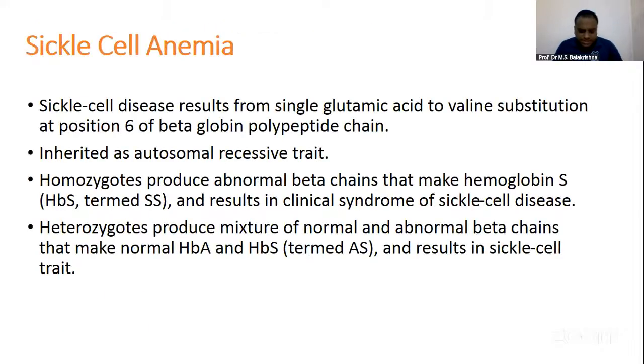So your sickle cell anemia is a result of single glutamic acid to valine substitution. So that change is the problem. Disease which results from single glutamic acid to valine substitution at position 6 of beta globin. So at that level, the change is taking place.